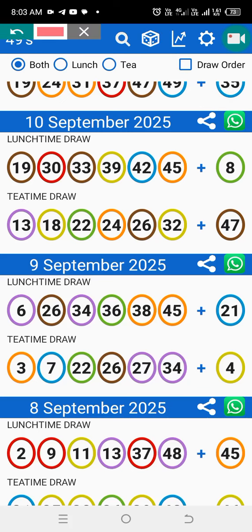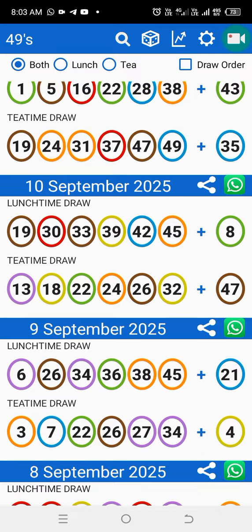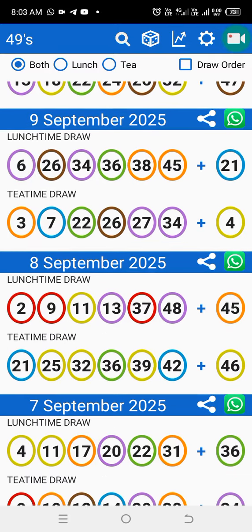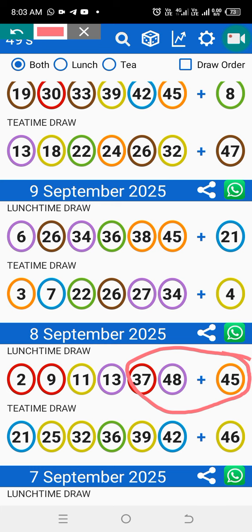All right, so I would like to show you what I was busy with since morning. So you take the last three numbers and you add them together like this.